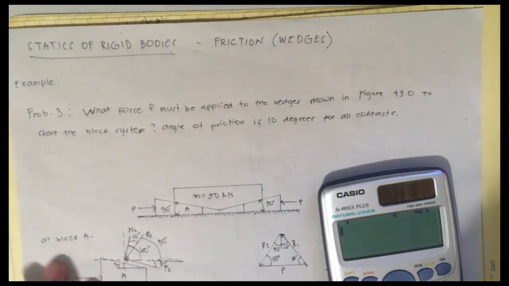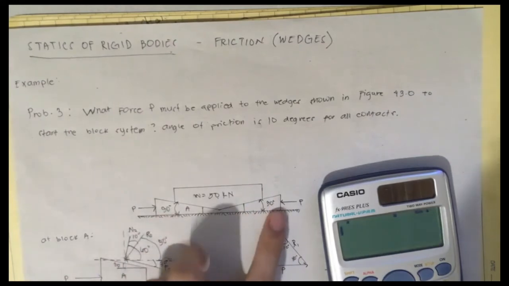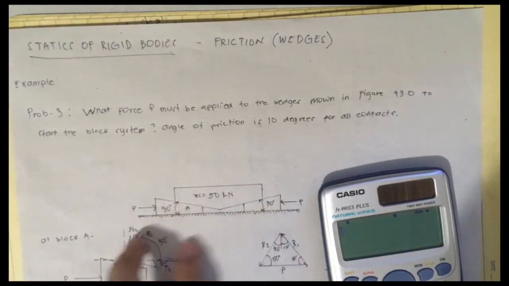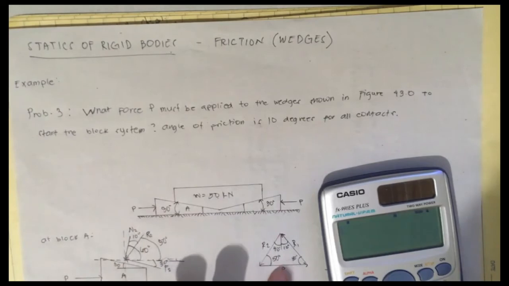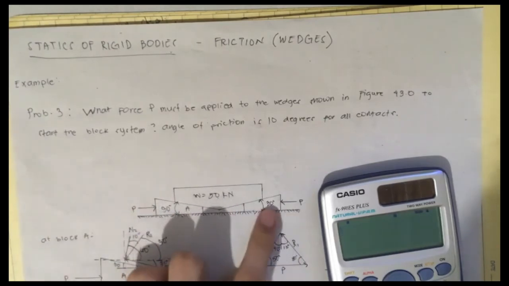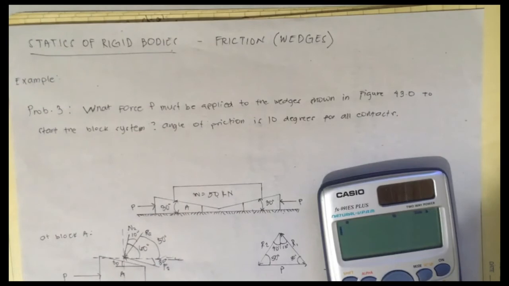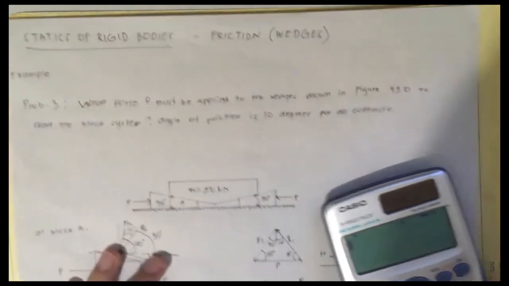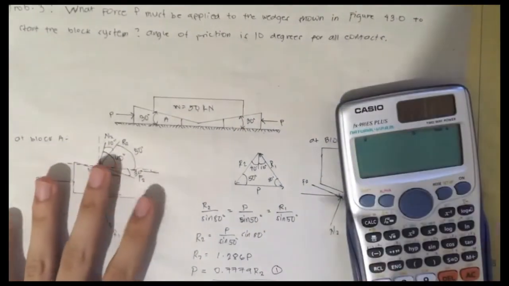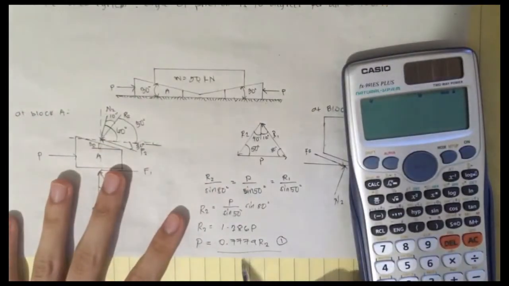After solving for block A, we will now get P using the triangular force solution, and we get the value of P, which is 0.779 R2. This is equation 1.